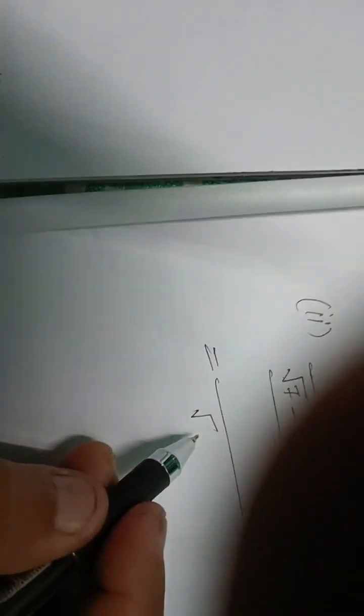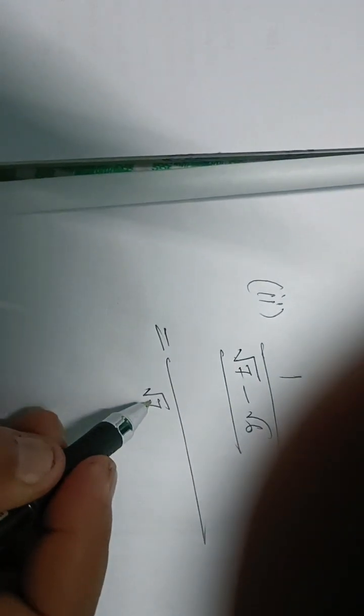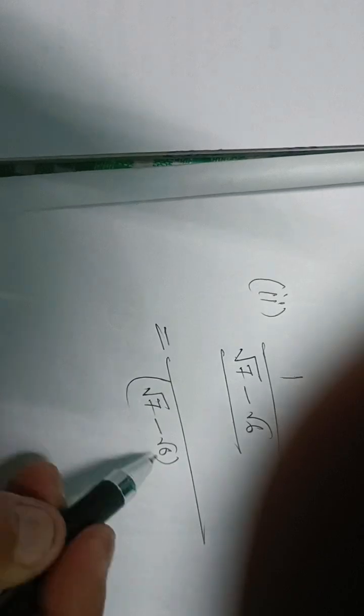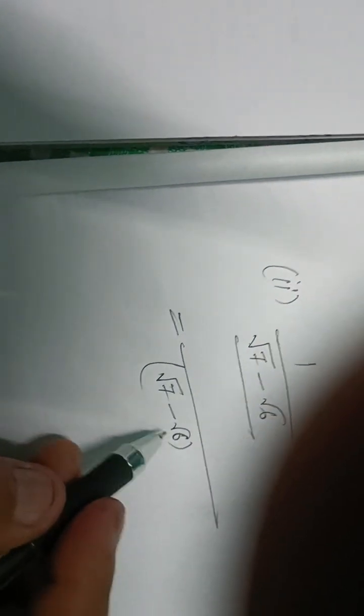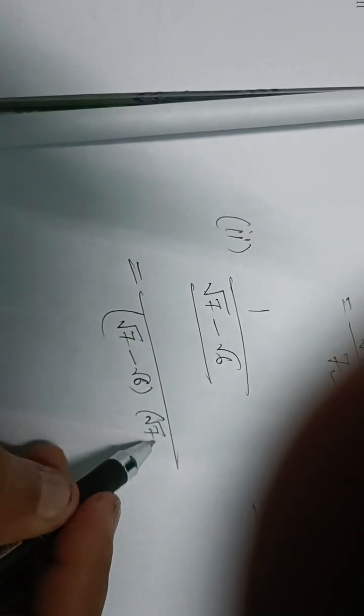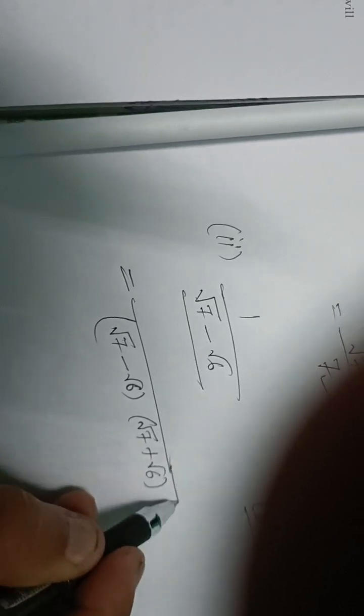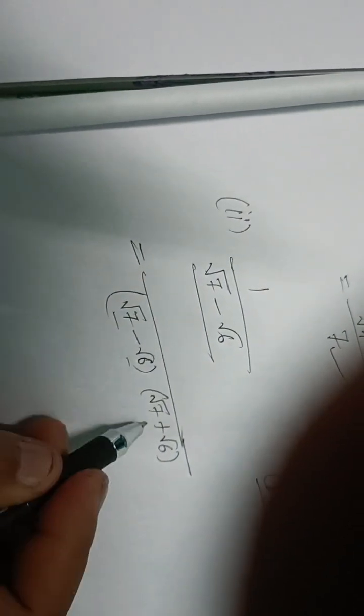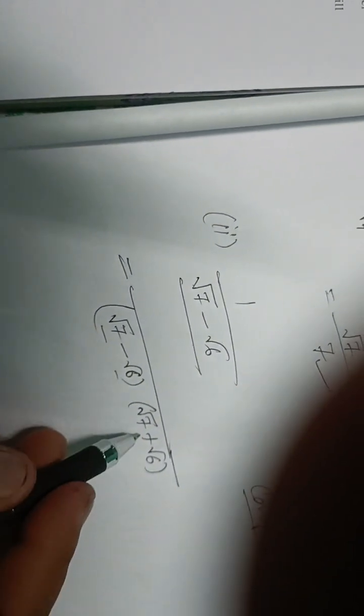When you see an irrational number like root 7 minus root 6, we multiply by its opposite-sign form. So I will multiply by root 7 plus root 6. I have written the same numbers, just the sign changed.